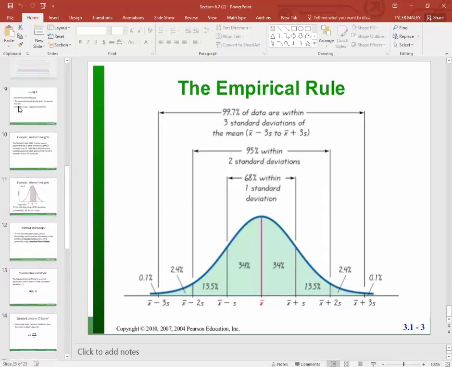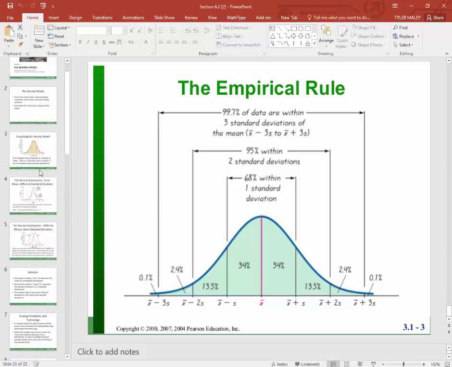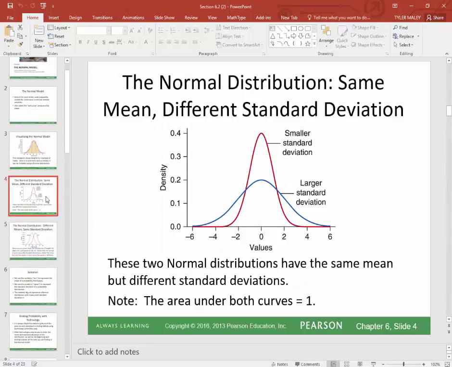If you remember, we looked up here on this slide. Slide 4 showed you how the standard deviation changes my shape. If I keep the mean the same and change my standard deviation, it changes how spread out the data are, so it's either really narrow or more flat. That's certainly going to change the area. Between -4 and 0 for the blue and red curve would be totally different.